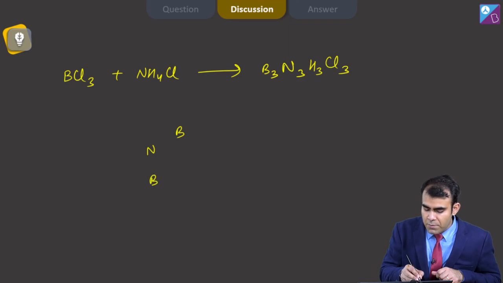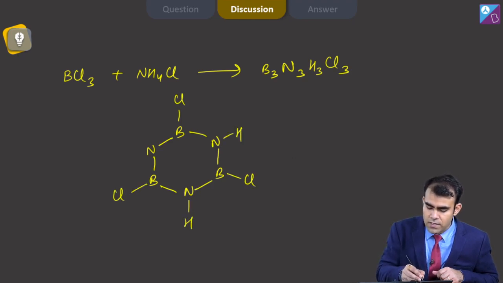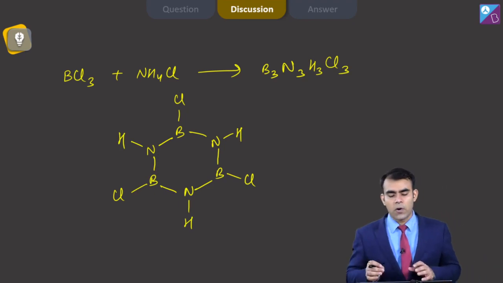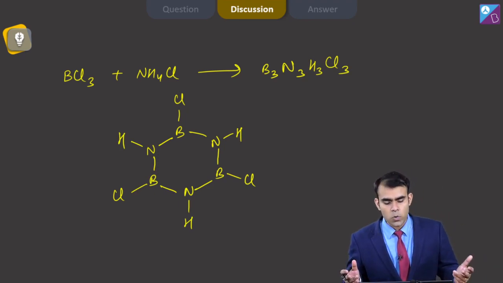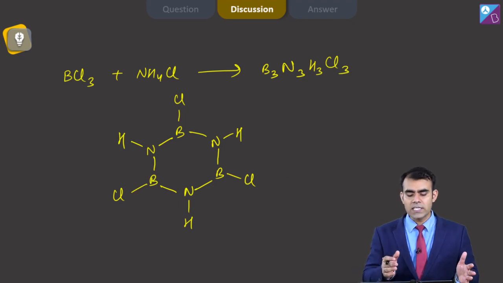So here we have B and N. So these are the sigma bonds. Now the more electronegative atom is attached to boron, that is chlorine, whereas the less electronegative hydrogens are on nitrogen atom. Now here you can do two things. Either you show nitrogen lone pairs or you can write the pi bonds.